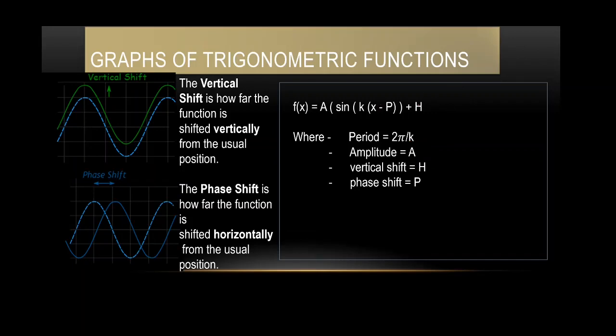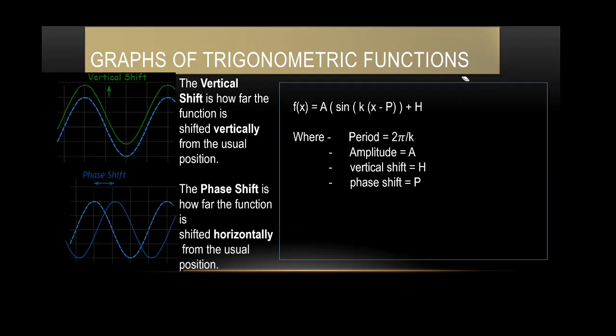If h is positive, that means in a sine of k into x minus p, plus h, the function shifts upwards. And if h is negative, then the function shifts downward.